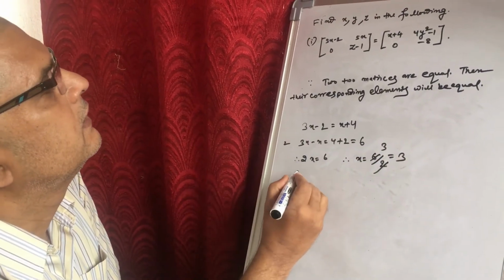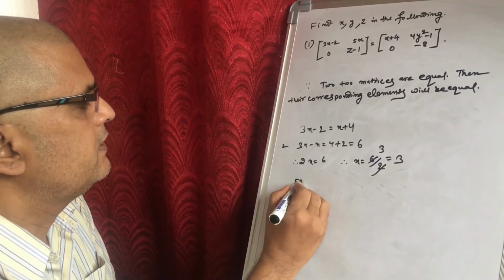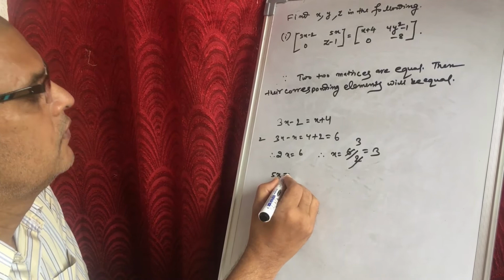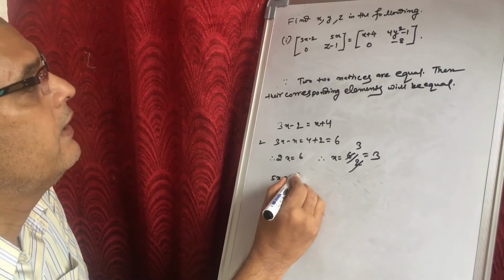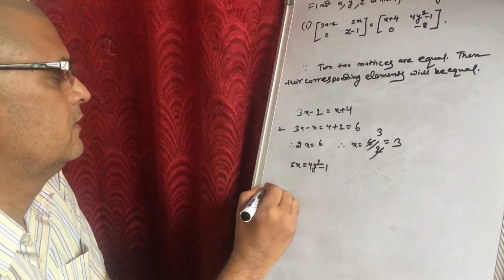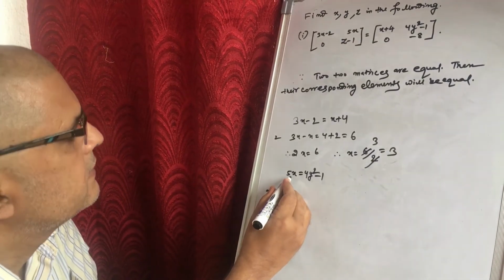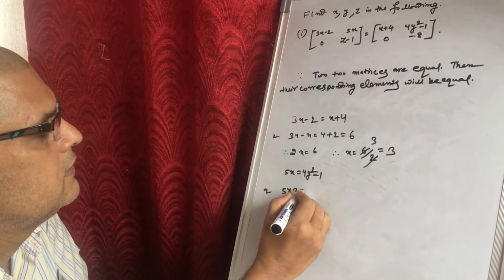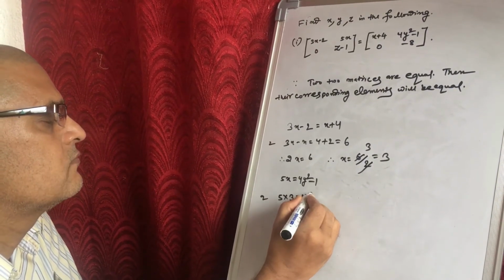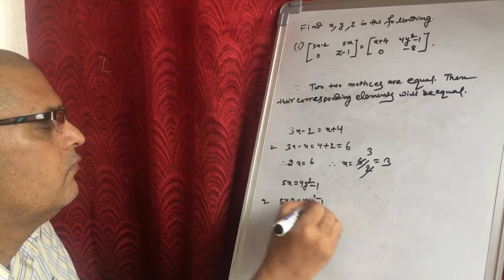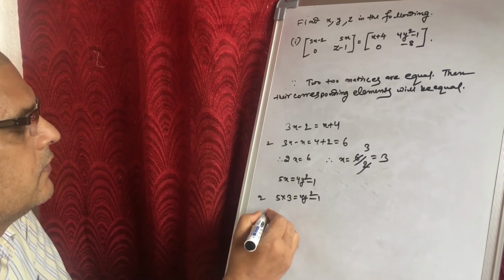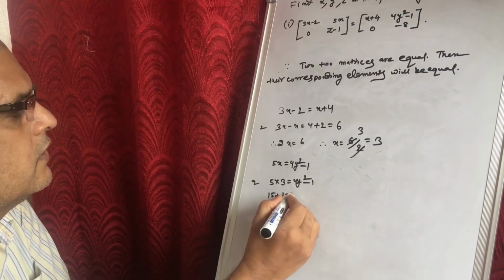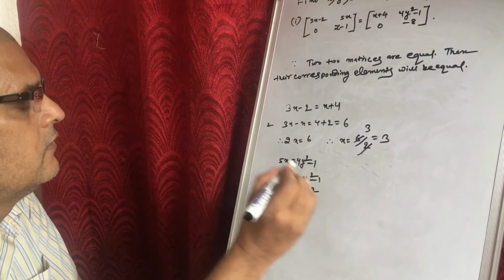Now see that 5x is equal to 4y square minus 1. Now putting the value of x, 5 into 3 is equal to 4y square minus 1. So it will be what? 15 plus 1 is equal to 4y square.